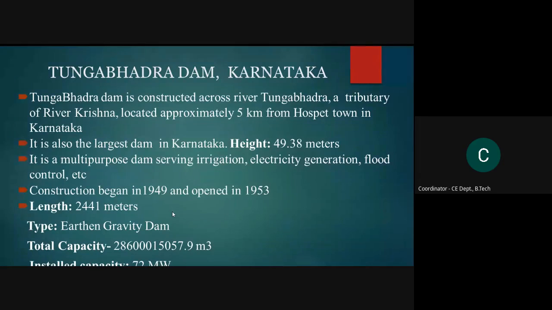That is why it is very important to hold that immense amount of water storage, or to control the flood, which is an essential part in the South Indian states. So that is why those dams' maximum function is to control the flood. The purpose is to control the flood and generate electricity.